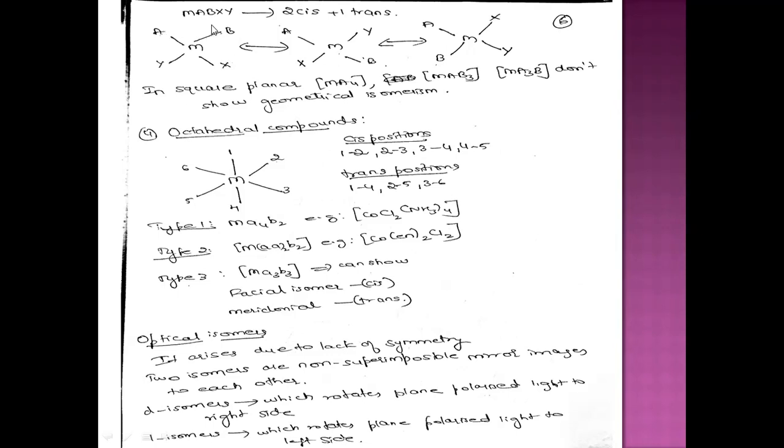They are on the same side, cis isomers. Here again, they are on the opposite side, trans isomerism. Again, they have come closer, that is cis isomerism. So for MABXY, the condition is any two are of the same family. You can have two cis isomerism and one trans isomerism out of it, right?